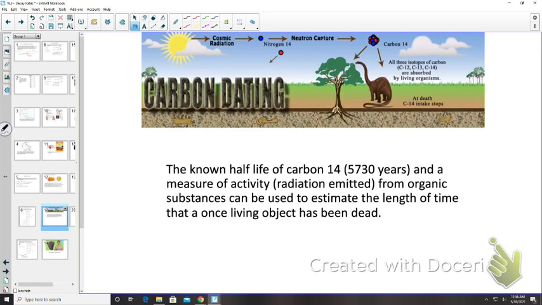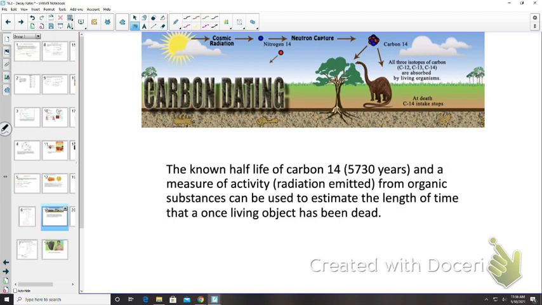Okay, carbon dating. So we did a little bit of carbon dating, and if you guys are like, Mr. Jones, what is carbon dating? Well, this is what it is. Okay, so we know certain half-lives of particular isotopes. So the known half-life of carbon-14 is 5,730 years. Okay, and this is a measure of activity from organic substances.